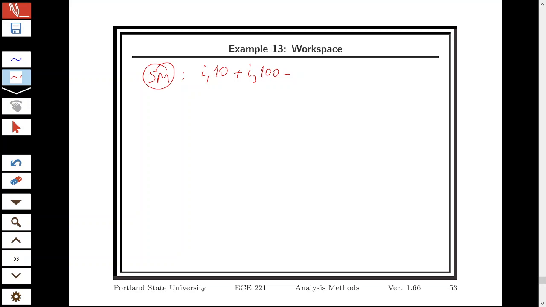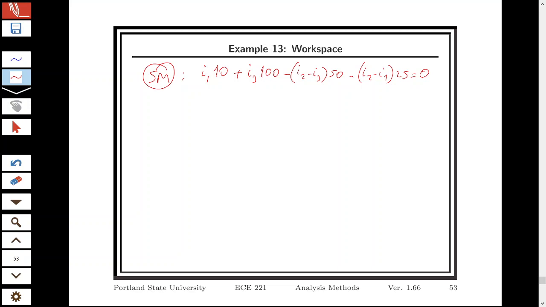The current on the 50 ohm resistance is I2 minus I3 amperes times 50, okay, minus the current on the 25 ohm resistance is I2 minus I1 times 25 equals 0.